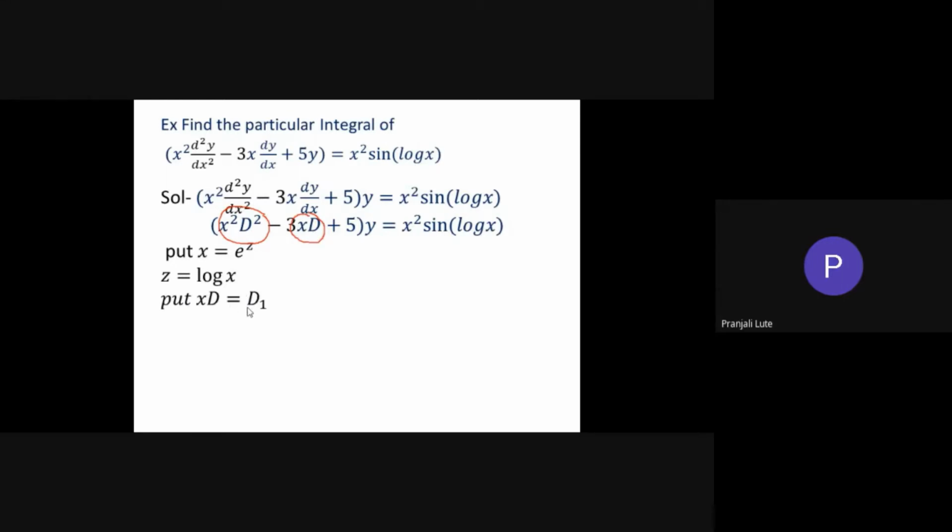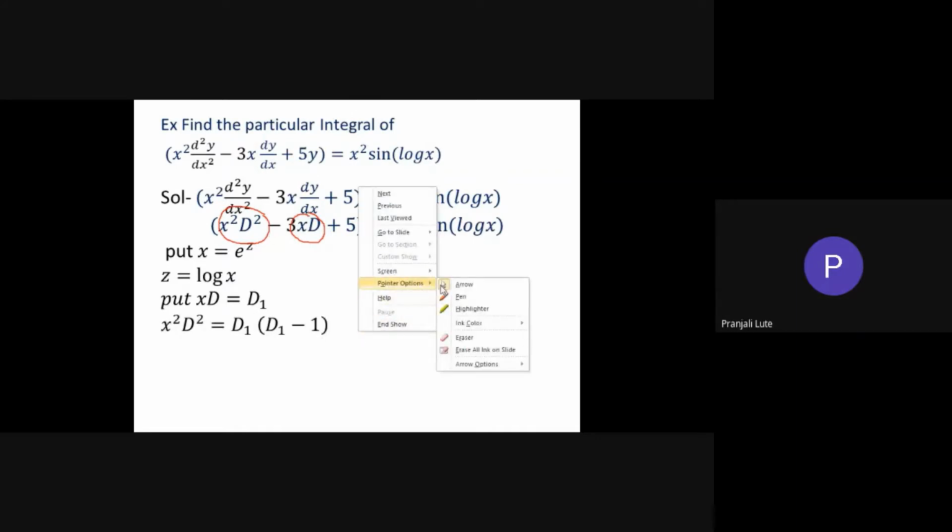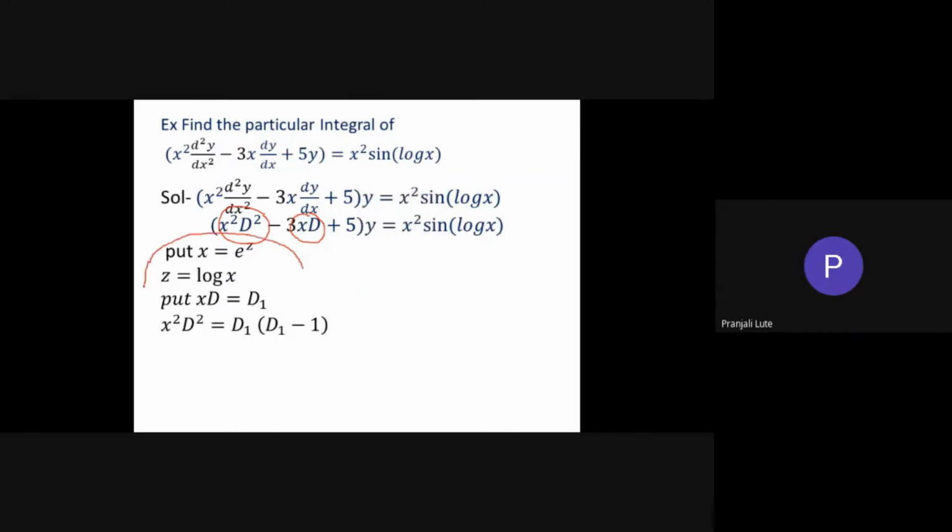This equation can be written as x square D square meaning D1 square minus D1, so D1 square - D1 - 3 xD which is D1, plus 5, y equals the right hand side. We use the substitution x equals e to the power z.